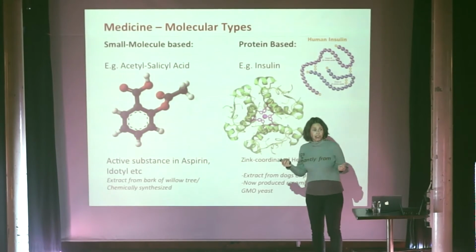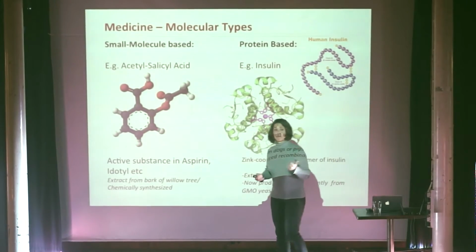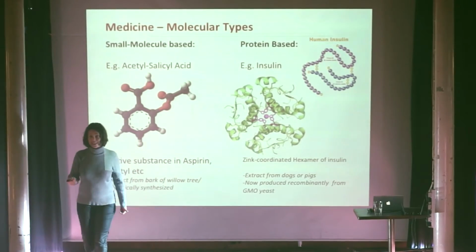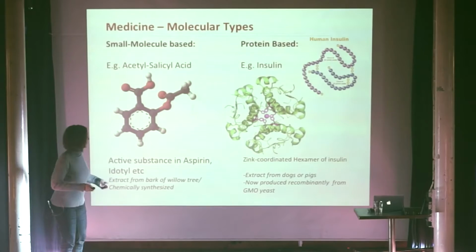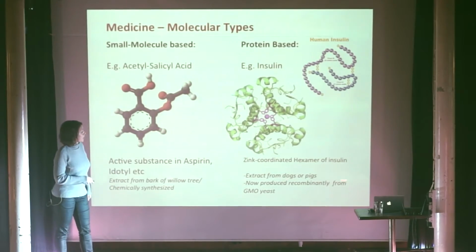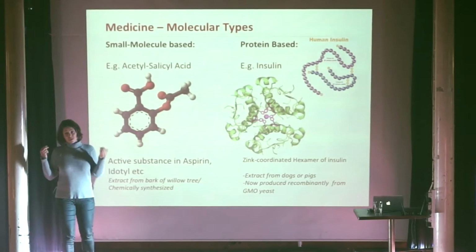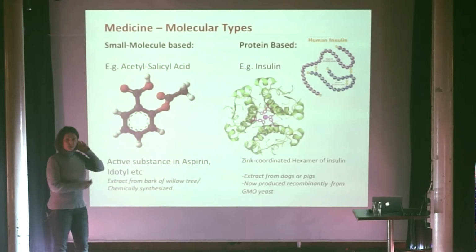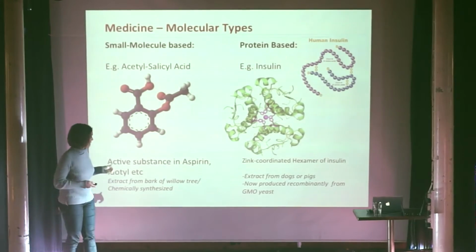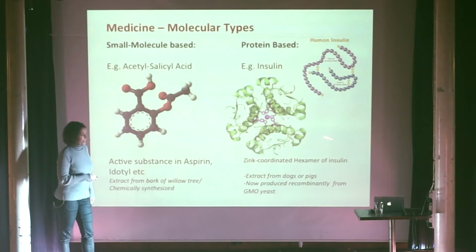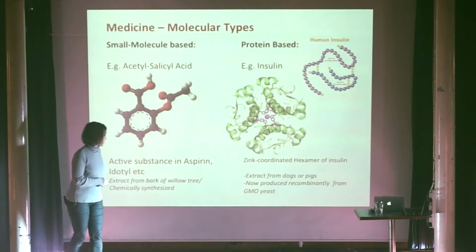When it was discovered that you could start to treat diabetic patients with insulin, that people that had diabetes actually lacked insulin and not just something else, then in the beginning they extracted this insulin from dogs or pigs, and that was of course feasible because we are more willing to sacrifice these animals than humans, of course, in order to extract insulin, but it took quite a lot of animals to save the poor diabetic patients.